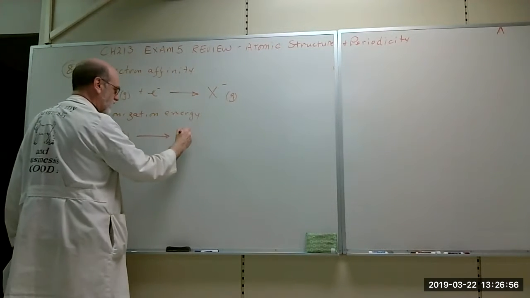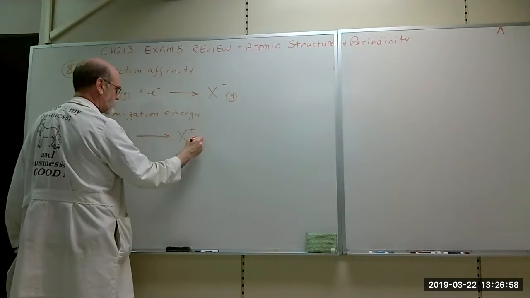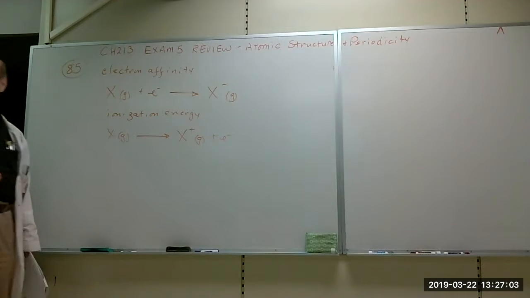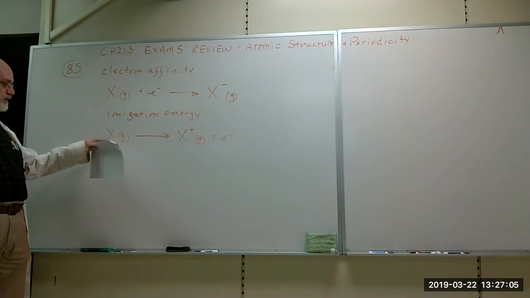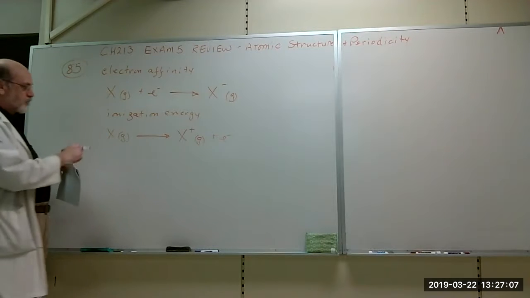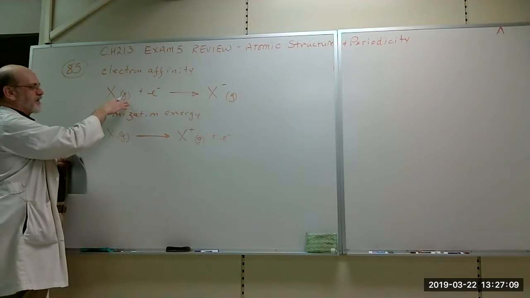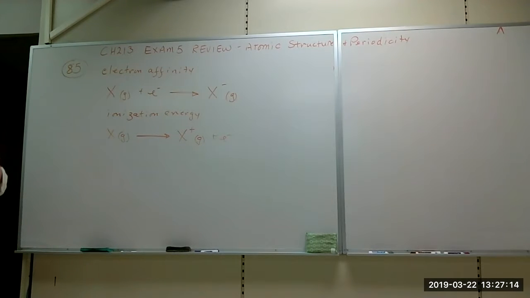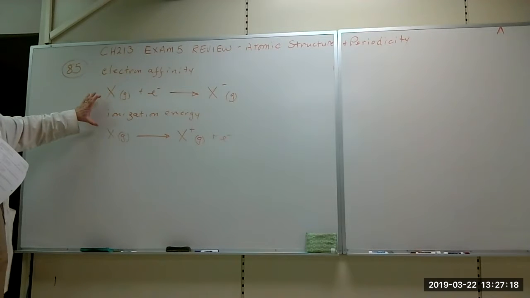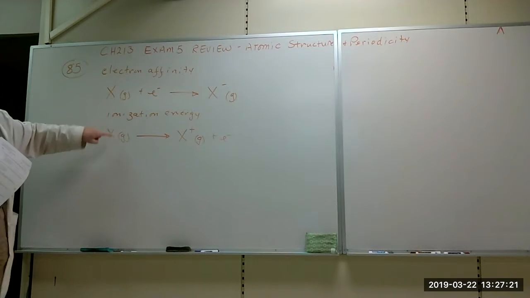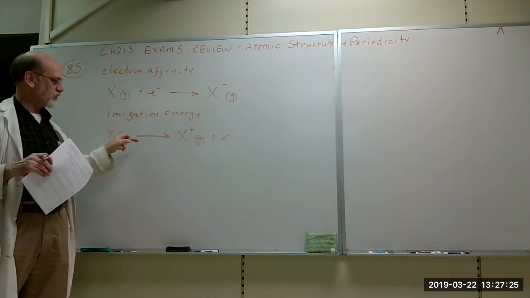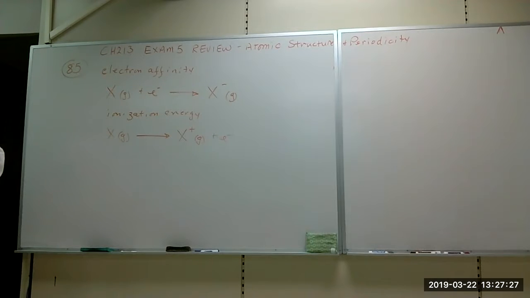So when we remove an electron, we have a charge, still a gas, plus that free electron. The amount of energy required to produce that. So this, we have to put energy in. This, we get energy back. That's the comparison of the two. Start from the same place, but two different processes happen. In this one, you add an electron. In this one, you remove an electron.